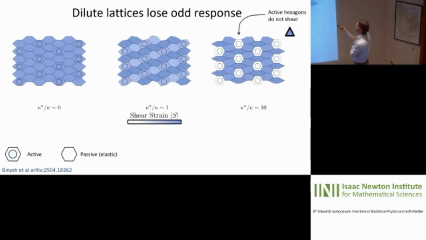And eventually, when you go to this very highly active regime that's, as I said, non-monotonic, where you have a decrease of the overall active modulus, what's happening is that these active hexagons stop deforming entirely, right? You see in this deformation field, the color corresponds to the amplitude of shear strain, and these active hexagons stay. And of course, if you're not deforming these active hexagons, there's no active response to be measured on the macro scale.